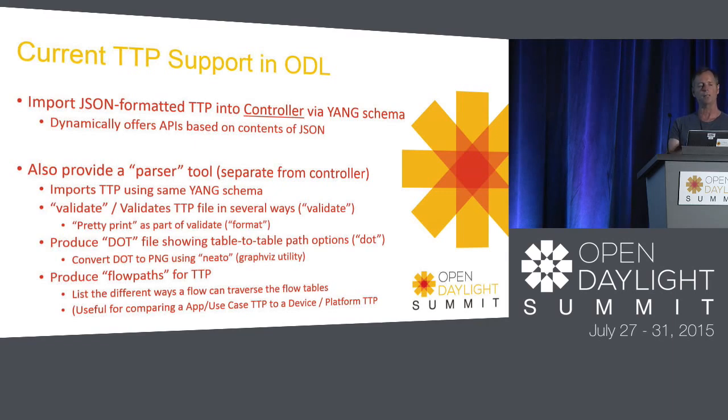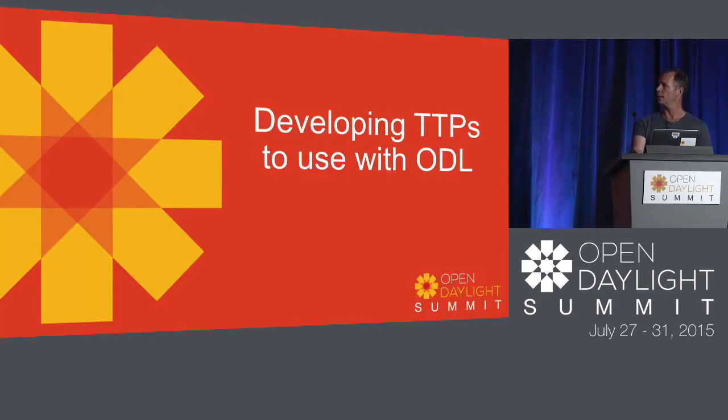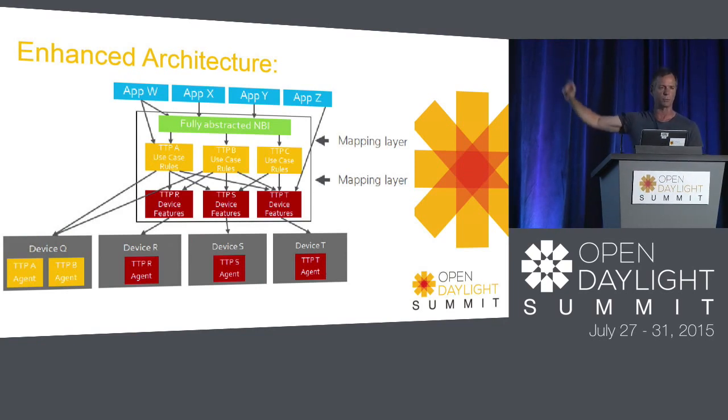And the value of that full complexity is that you can now begin to compare different TTPs. So going back to this picture where we've got use case TTPs and device TTPs, we can now compare those programmatically. There are basically flow mods in the use case, and we're saying, okay, what is the device TTP that can support this flow mod defined in the use case TTP?